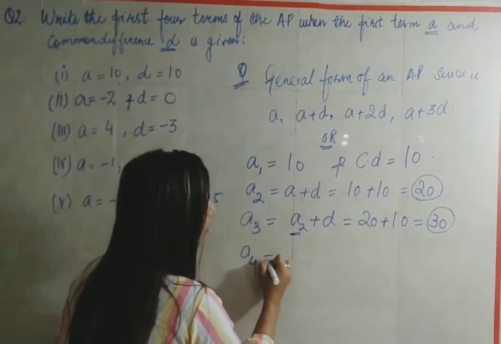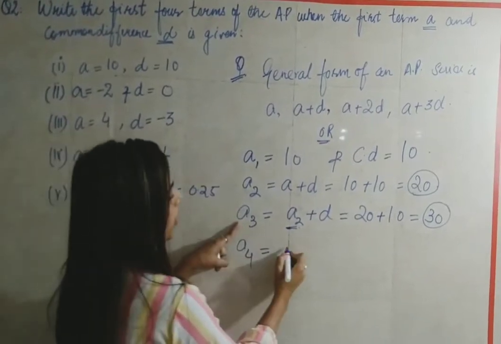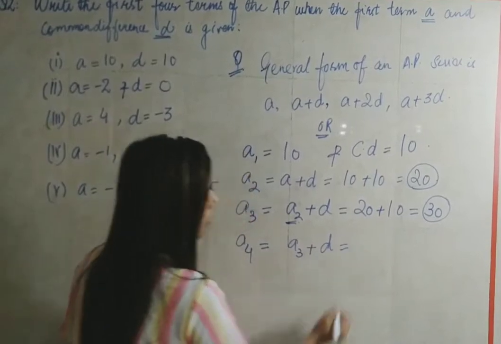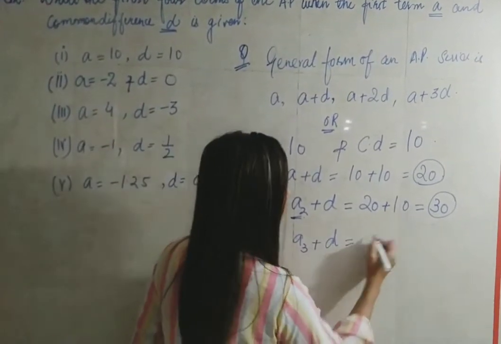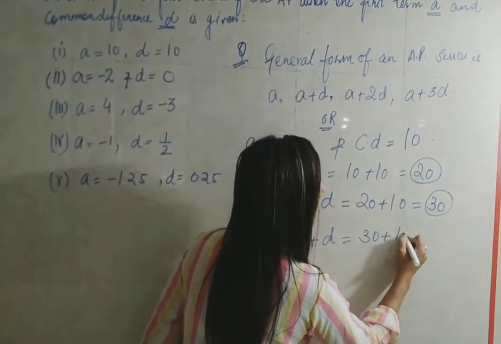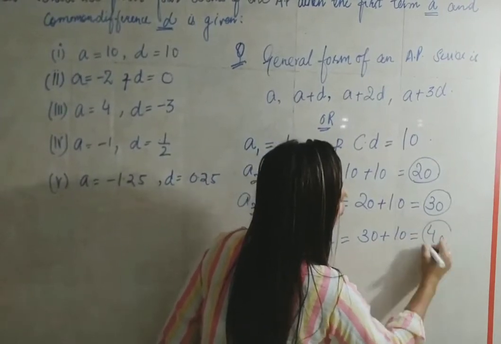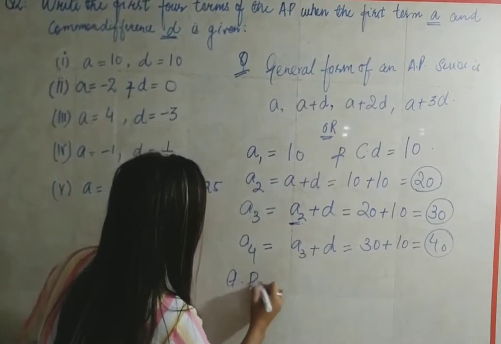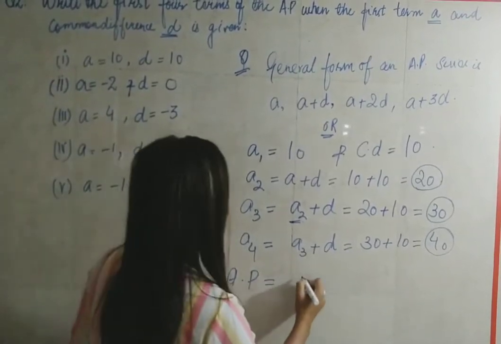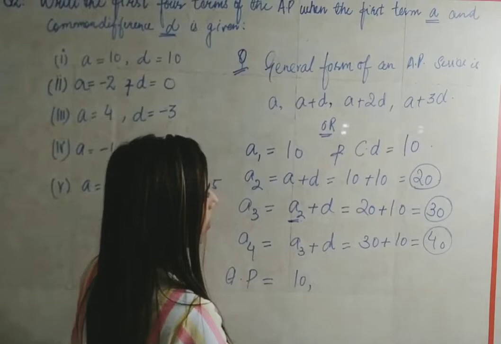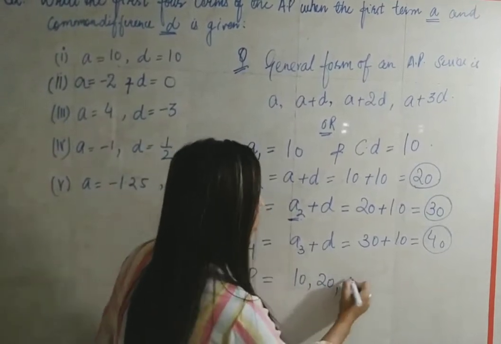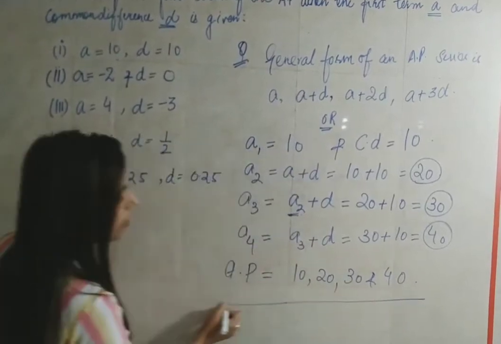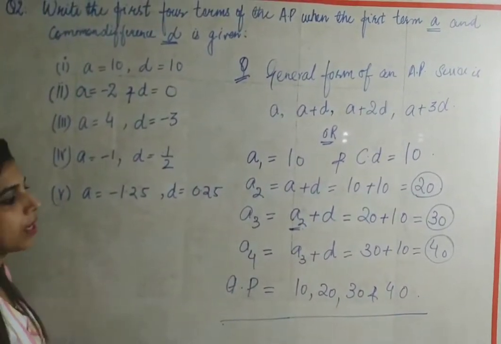Now A4 will be equal to A3, that is the previous term, plus D, the common difference, and it will become 30 plus 10, which is equal to 40. So here we get our AP series, which is 10 A1, 20 A2, 30 A3, and 40 A4. So these are the first 4 terms of the given AP series.